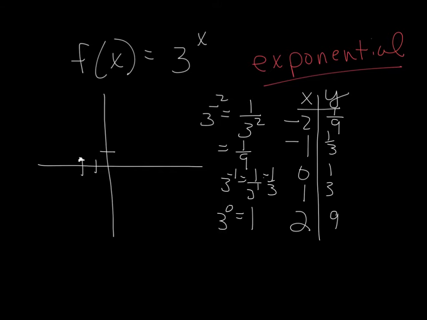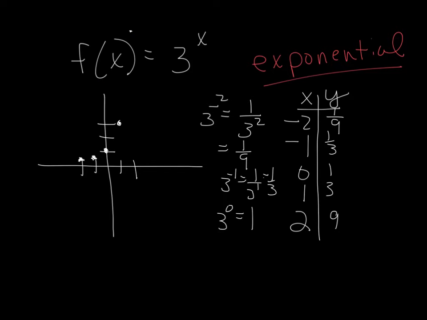And then -1, 1/3 is just a little bit higher than that. These are a little higher than they should be, but it works. Then 0, 1, that's easy to graph. Then 1, 3, which would be right here. And then 2, 9 is going to be way up there somewhere, right? 3, 4, 5, 6, 7, 8, 9, something like that.